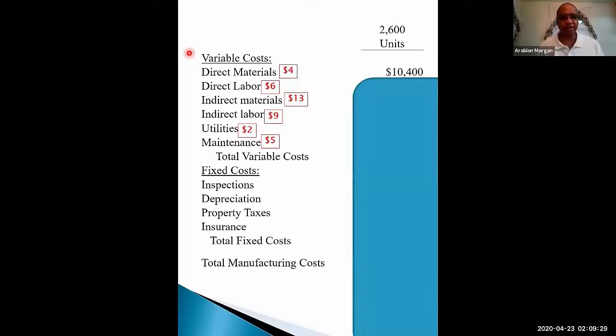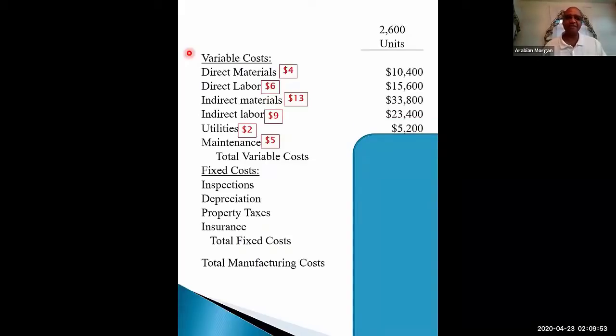So for direct material, the dollar amount should be $10,400. Direct labor, $15,600. Indirect materials, $33,800. Indirect labor, $23,400.